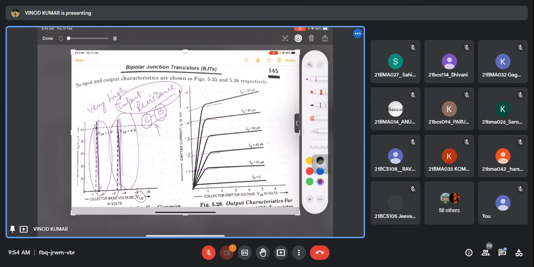Means whatever is the output voltage, that is the input. This is +4, this is -4 if you see. So that's why it is giving us unity voltage gain, or you can say this is a voltage follower circuit actually.